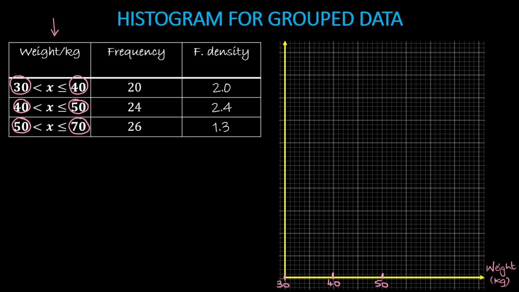So I continue 50, I leave 2 squares. This is 60. I leave 2 squares again. Then I reach 70. Right? So I have completed the horizontal scale for the weight. Now frequency density has to be on the vertical axis, right?